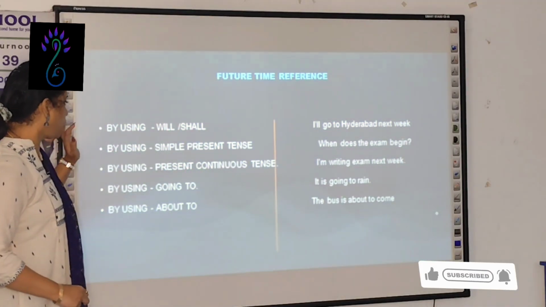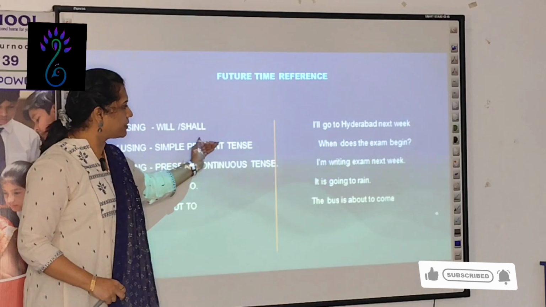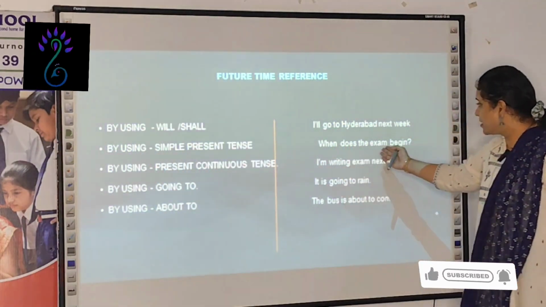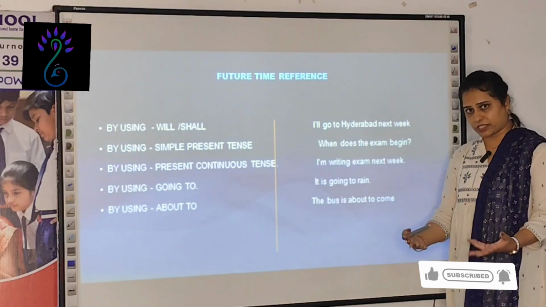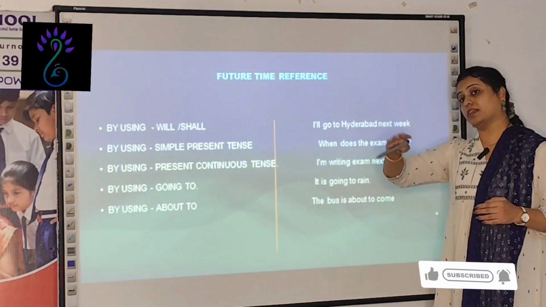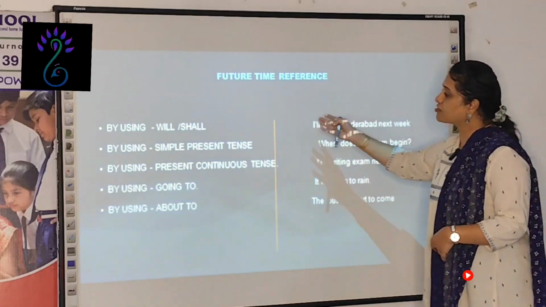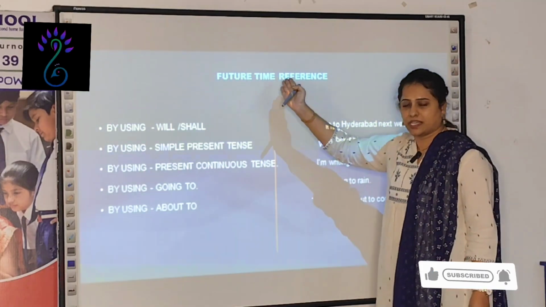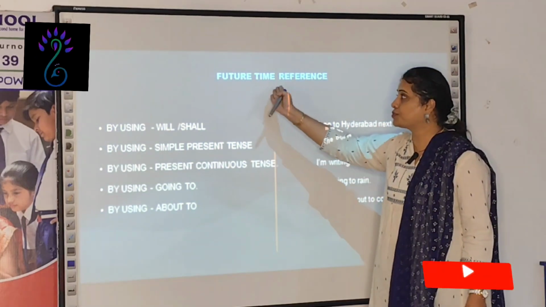That you know. By using simple present tense also, it is future. When does the exam begin? It has not begun. When does the exam begin? In the future. A simple present tense is also a future time reference.